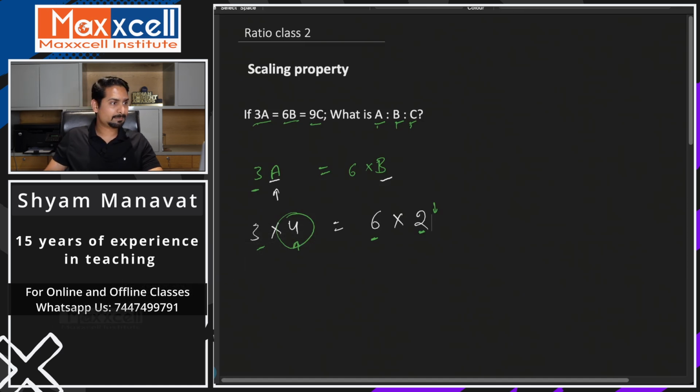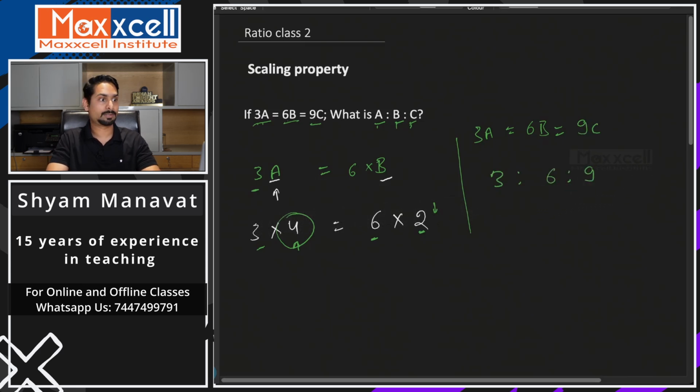So keeping this in mind, I'm sure you will discard the opinion that if it is 3a equal to 6b equal to 9c, then the ratio is 3 is to 6 is to 9.